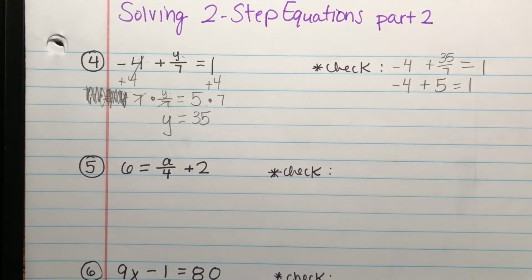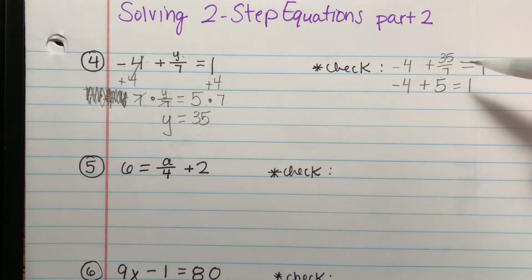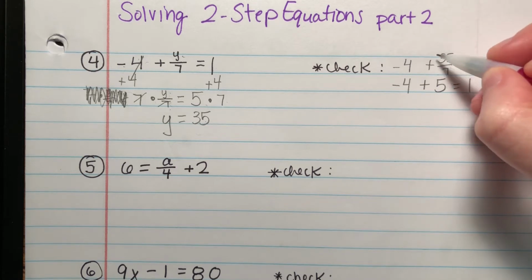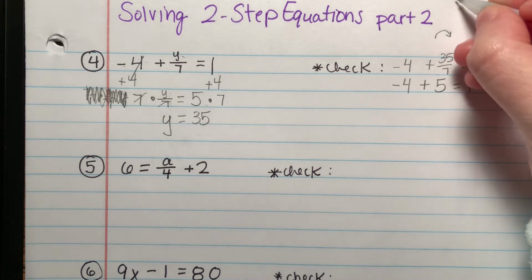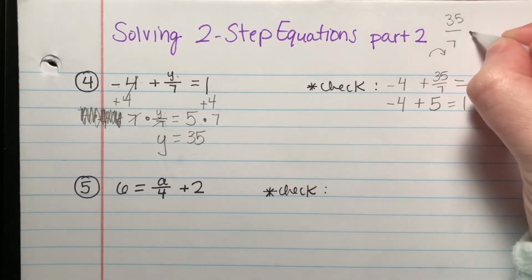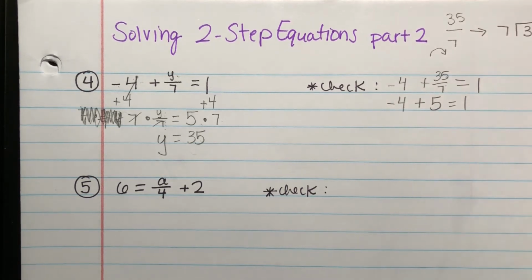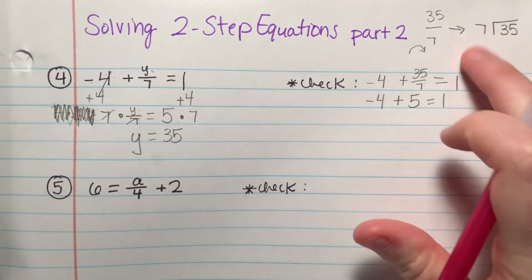Equals 1. Now remember, if you have trouble remembering the division problems, just think of rotating this clockwise, so 35 over 7 would become a division problem like that, 35 divided by 7.